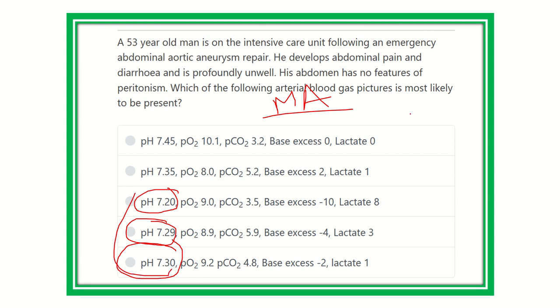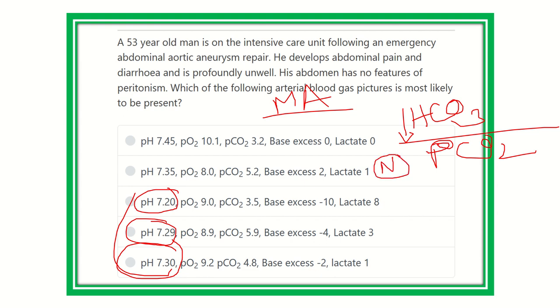Then second, we have to look for the bicarbonate level, and in metabolic acidosis, as the pH reduces, bicarbonate will reduce, but here there is no bicarbonate level. So third, we have to look for the partial pressure of carbon dioxide, which will be normal or reduced.